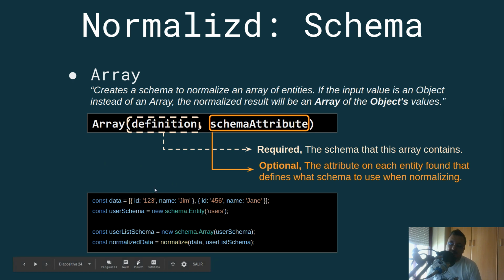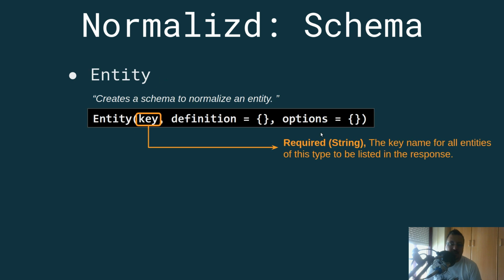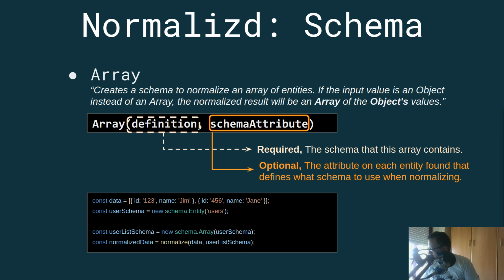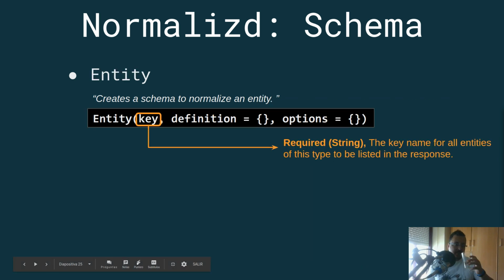Okay, so I think it's better to see first the entity, because the entity is the one used. So we'll put entity first, and sorry about that. So entity just creates the schema for that entity, and the value and the content would be just what is returned by our API.